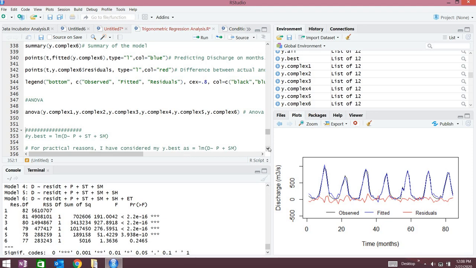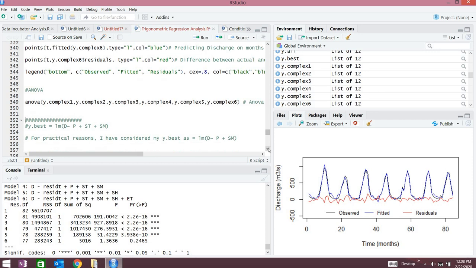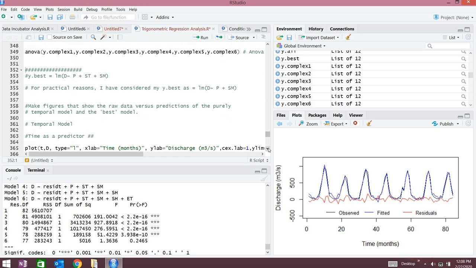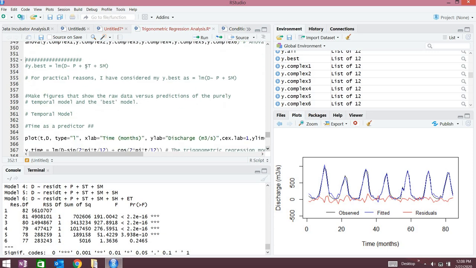With the impact of climate change, we clearly see things. So normally Y base is LM, date, delta P plus ST plus SM.